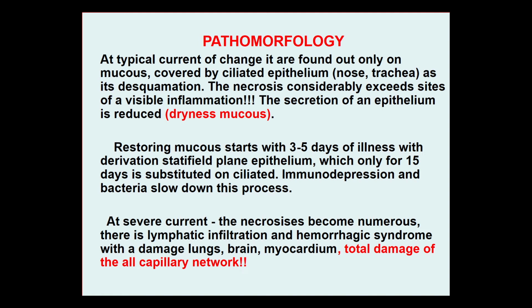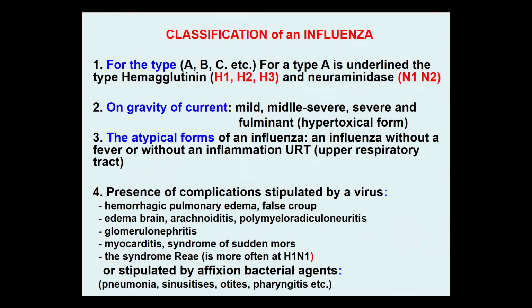The secretion of the epithelium is reduced, with dryness of the mucosa. Restoring of the mucosa starts at 3 to 5 days of illness, with derivation of flat epithelium, which only after 15 days is replaced by ciliated epithelium. Immunosuppression and bacteria slow down this process. In severe cases, the necrosis becomes numerous. There is lymphatic infiltration and hemorrhagic syndrome with damaged lungs, brain, myocardium, and total damage of the whole capillary network.